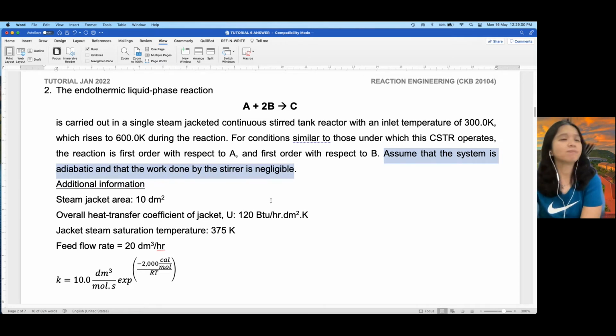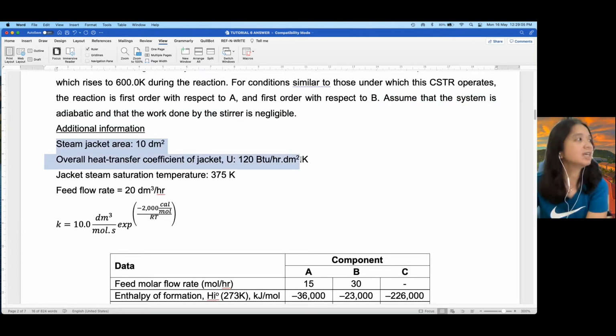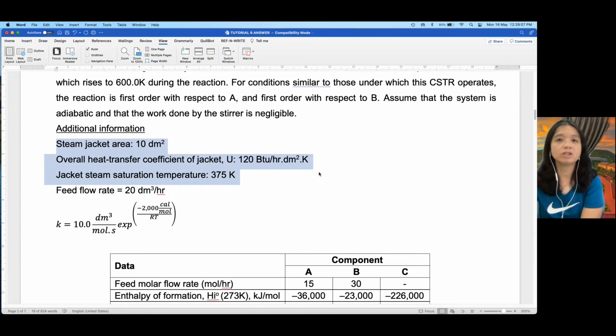Okay, so then they give us information: steam jacket area, overall heat transfer coefficient of the jacket, and steam saturation temperature. From question number 1 and from the lecture, we know these three pieces of information are used to calculate Q. However, you must note, although they give you the values to calculate Q, in this case they say it's adiabatic, meaning Q is 0, so you don't actually need to calculate Q. Although values are sometimes given in the question, it does not necessarily mean you have to use them.